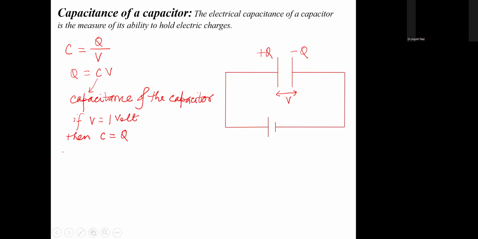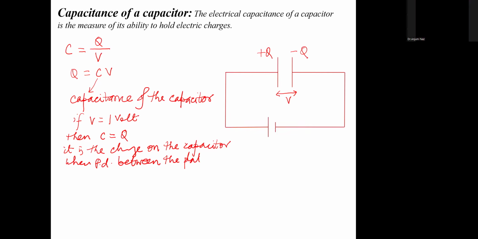That is, capacitance is the charge on the capacitor when the potential difference between the plates is unity, and the SI unit of capacitance is the farad.